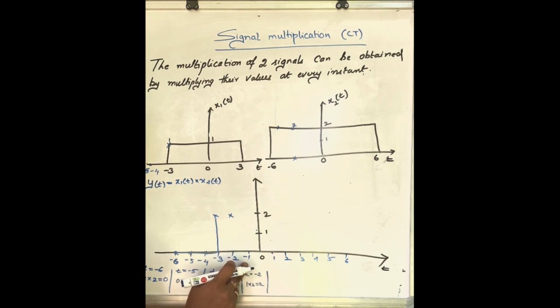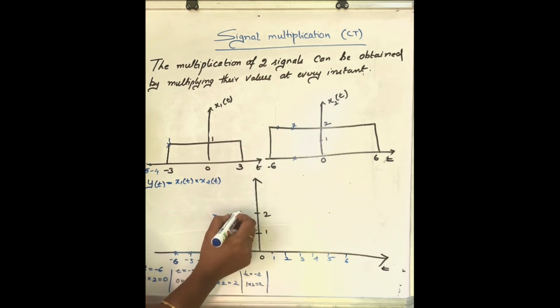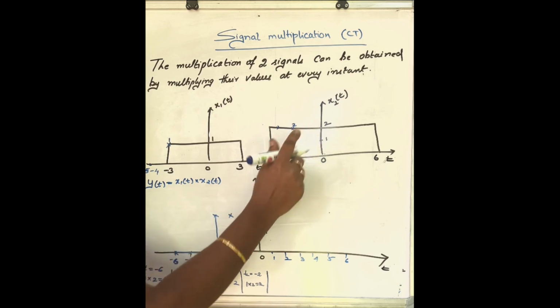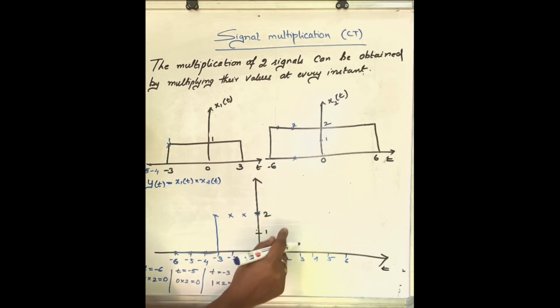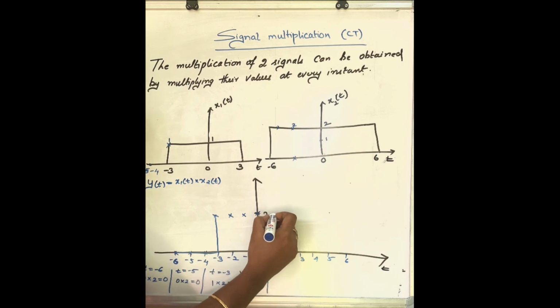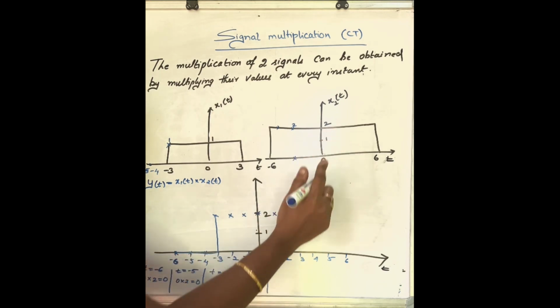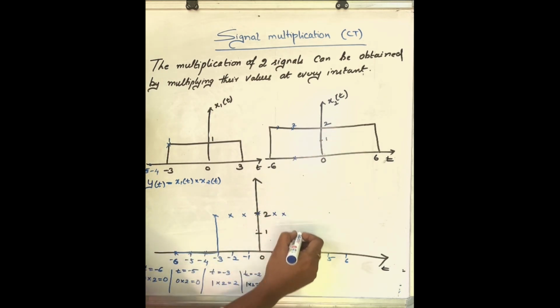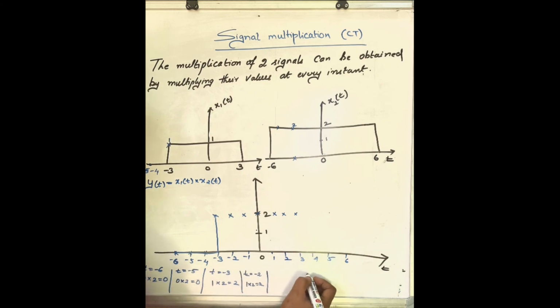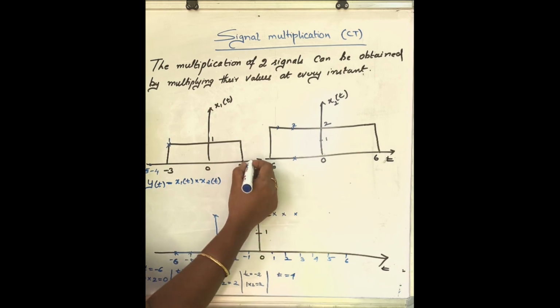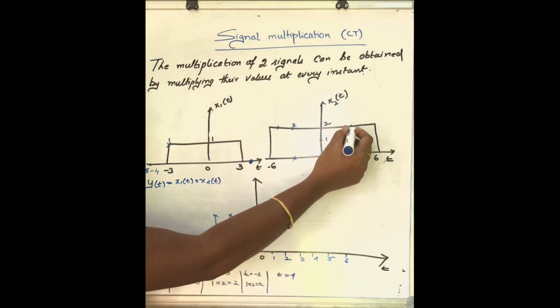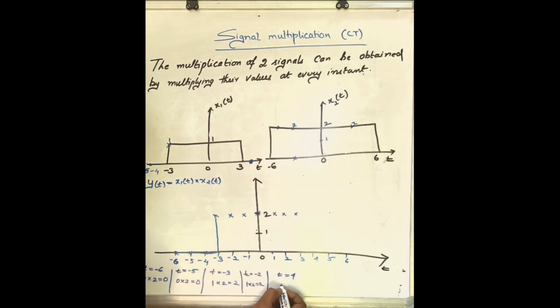At t is equal to minus 1, 1 into 2. At t is equal to 0, amplitude is 1 into 2. At t is equal to 1, 1 into 2. At t is equal to 2, again amplitude is 1 and 2. At 3, the same. Now, when it comes to t is equal to 4, the amplitude is 0, whereas the amplitude is 2. So 0 into 2 gives you 0.